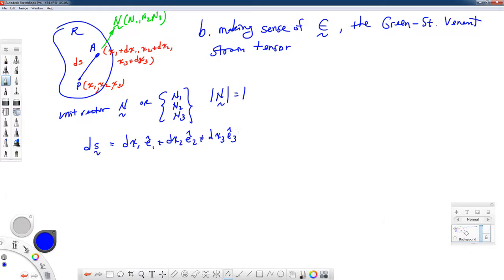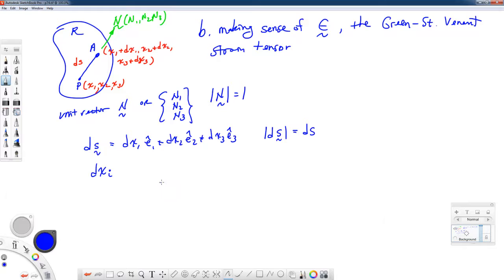So the dx1, dx2, dx3 are the components of the vector. So we can say that in the index notation with the free index i, the components of that vector are dxi. The magnitude of ds vector we said was what we had in red, the ds.